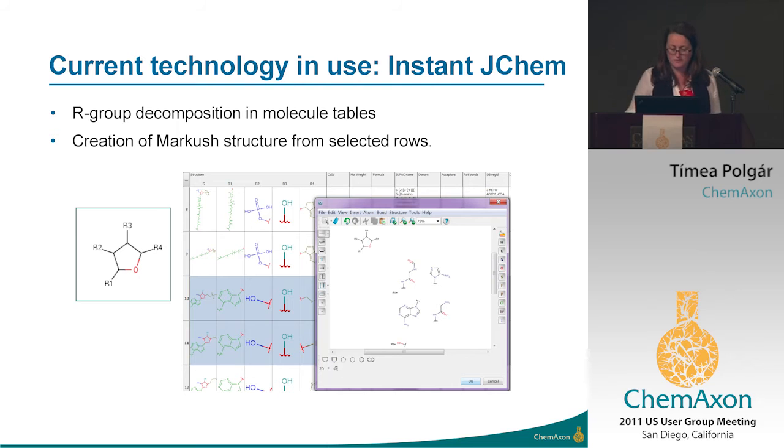I think Tim already mentioned in the morning that in Instant JChem you can do R group decomposition, and Instant JChem now is able to create a Markush structure. So this is the R group query and the R group table and the resulting Markush structure.